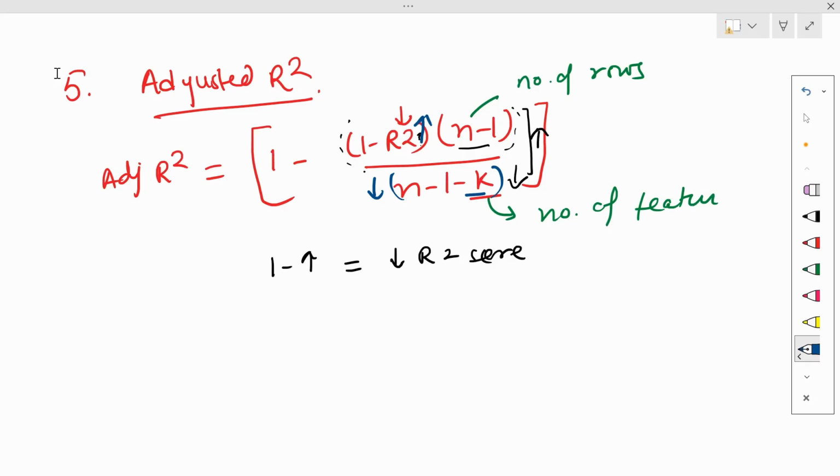If there is a shoot in R2, then 1 minus R2 will decrease very heavily. So this decrease is much bigger than the other decrease. Now we can say that this second term, the entire term, will decrease overall. So if we subtract something decreased from 1, our R2 score will increase.